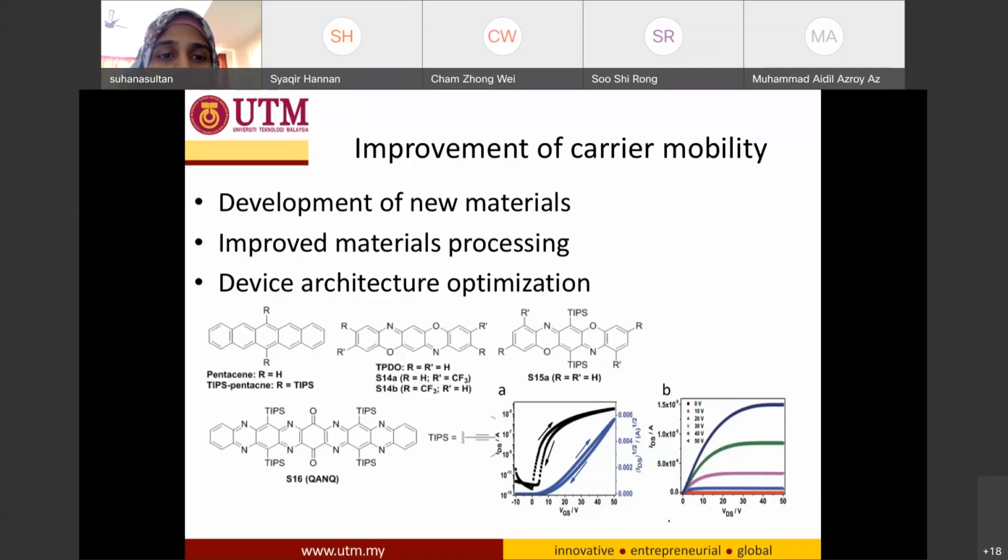At the same time, device architecture optimization, like what I have mentioned, the top contact, bottom gate. Maybe there are other types of architecture which are much more suitable in order to achieve higher mobility. So these are the different types of organic materials that scientists have explored.